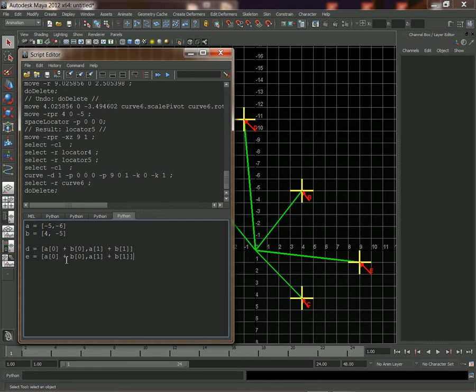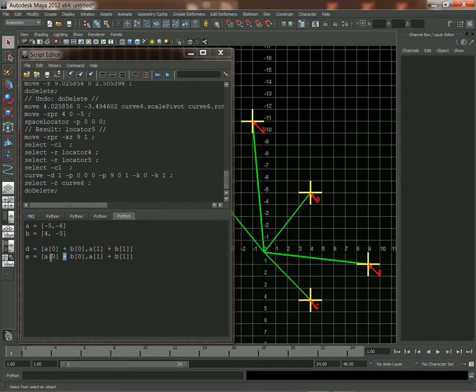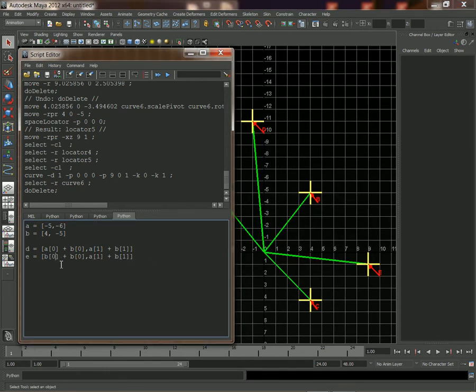So I say AX. In this case, I'm subtracting A from B. So I'd say BX minus AX, and then BZ minus AZ.